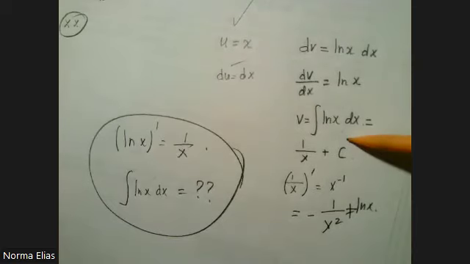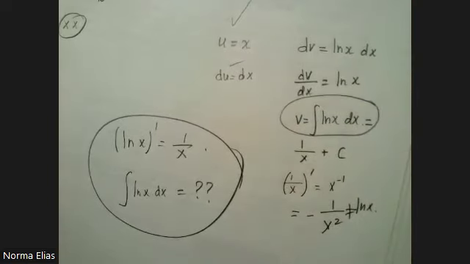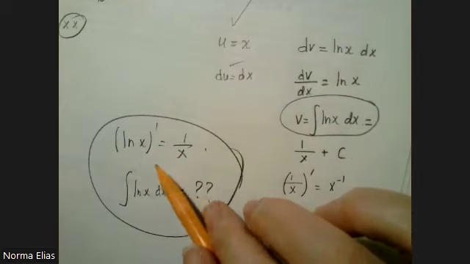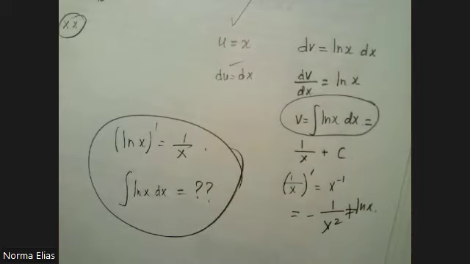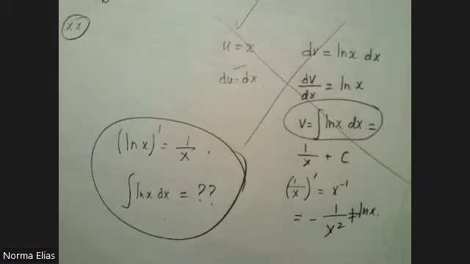It means you will have to find the antiderivative of ln. As of this minute, probably in the next few minutes, you will be able to do that. As of this minute, we don't know what's the function whose derivative is ln of x, because 1 over x is the derivative of ln, not the antiderivative. So based on this, I'm going to scratch this choice. It's not going to work. The difficulty was right there.